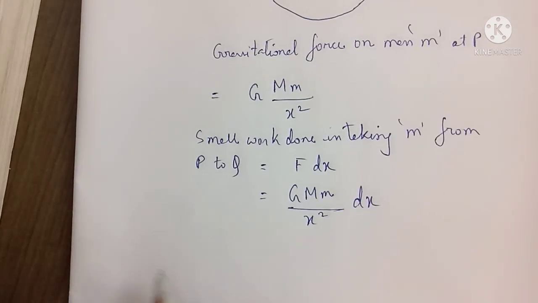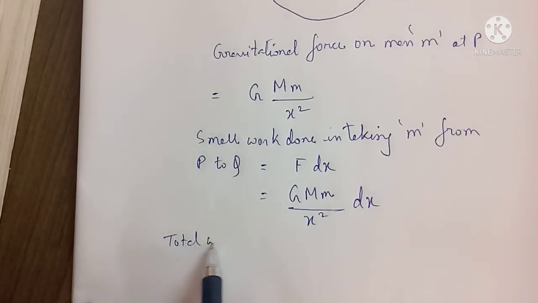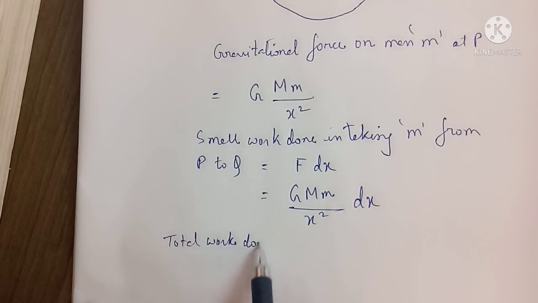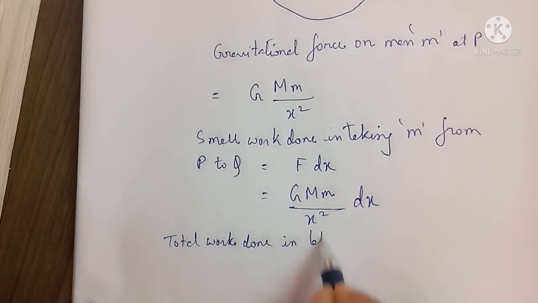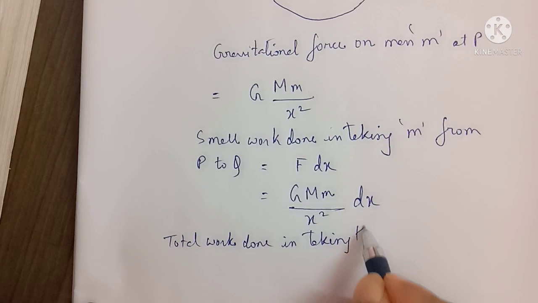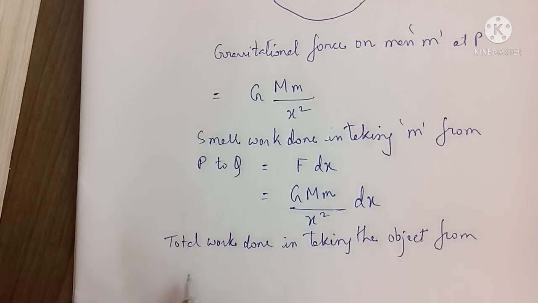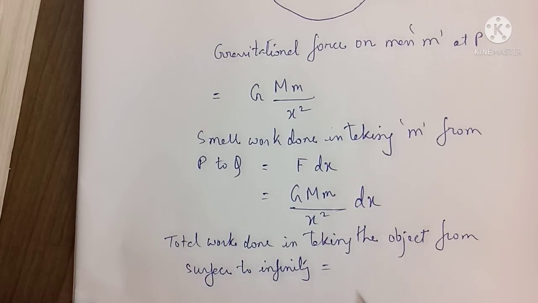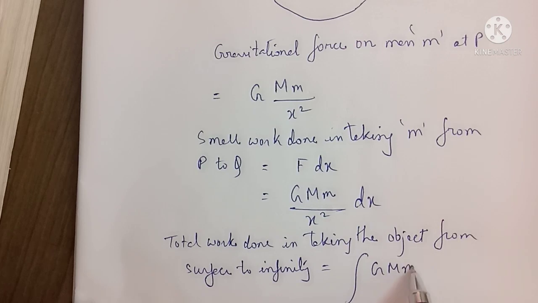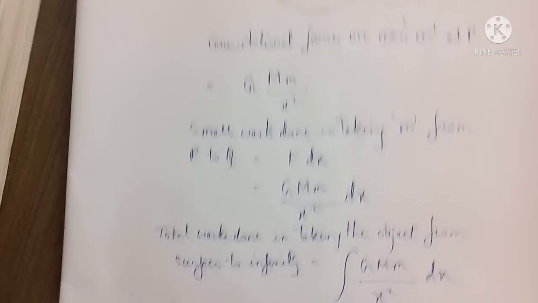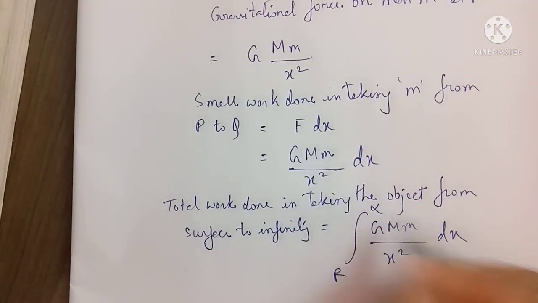So total work done in taking the object from surface to infinity is equal to integration GMm by x square dx. Limit will be from r to infinity.